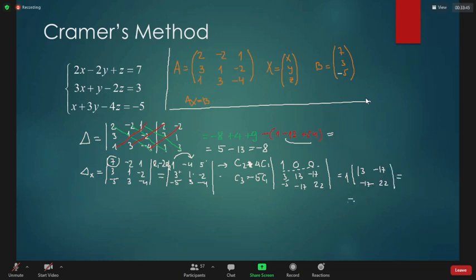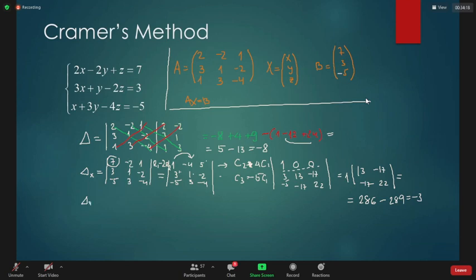So 13 times 22, 26 and 260, that would be 286 minus, and this minus 17 squared is 289, so this is minus 3. So there might be some problems with the first one, possibly. These are not the nicest numbers, so I'm not exactly sure where I made a mistake. I suspect that there is some arithmetical error, but for now we can accept it as it is.